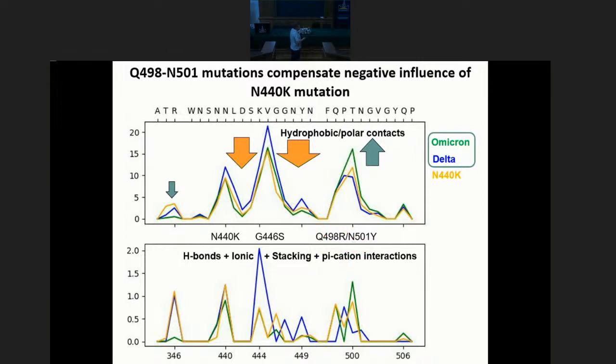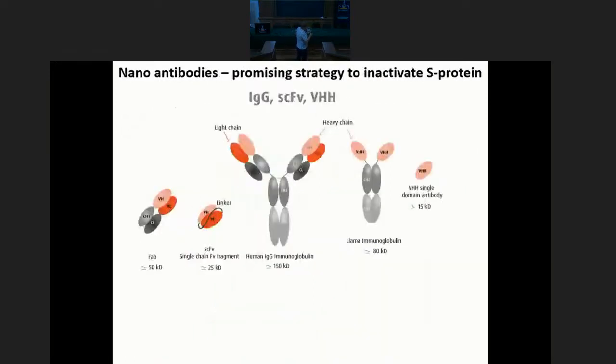Thus, we can conclude that these two mutations partially compensate the negative effect induced by the mutation of asparagine 440, and thus the Omicron variant is marginally stable but not completely unstable like the variant that contains this single mutation. This is the first part of the story I would like to talk about today.